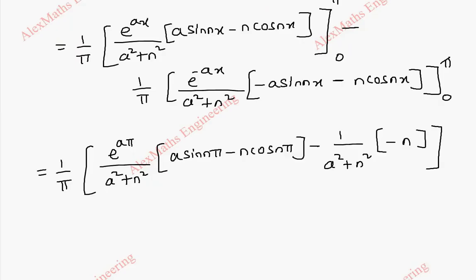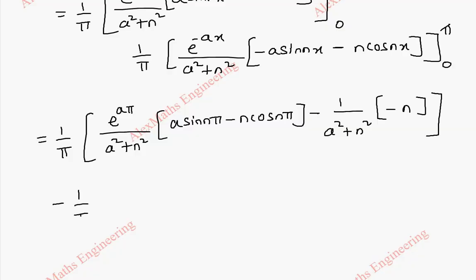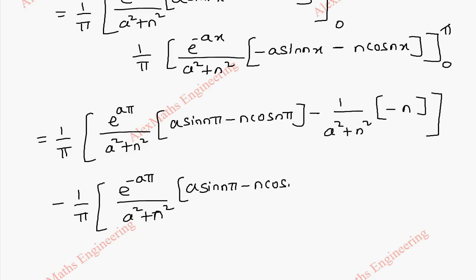Now coming to the second term, we have to apply upper limit. So this will be e power minus a pi by (a square plus n square) into (a sin n pi minus n cos n pi), then minus, when I apply the lower limit 0, e power 0 is 1, so 1 by (a square plus n square), then again sin 0 is 0, cos 0 is 1, but we have minus n as a term before the cos nx.